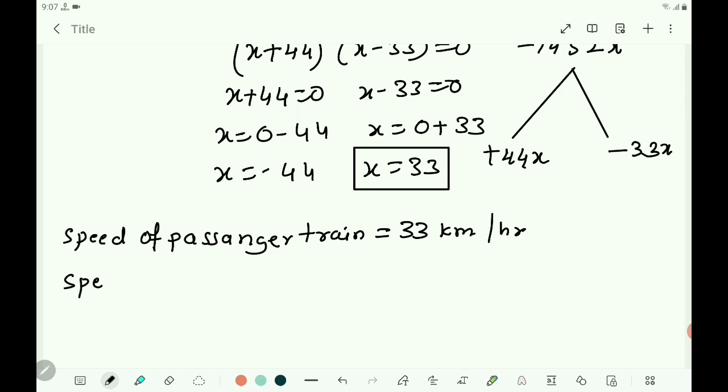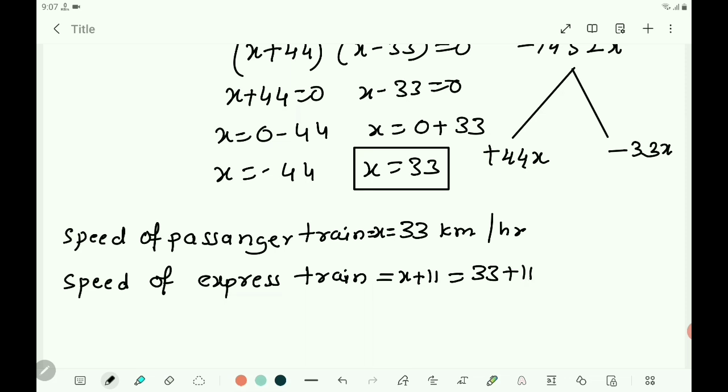Speed of express train equals x plus 11, which equals 33 plus 11 equals 44 km per hour. That is the speed in kilometer per hour.